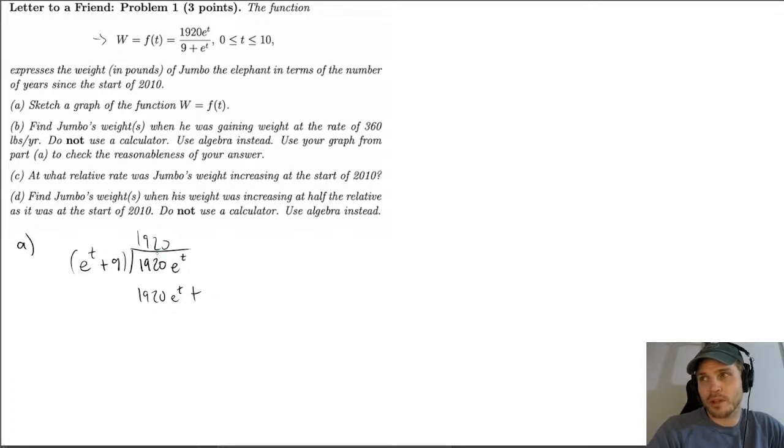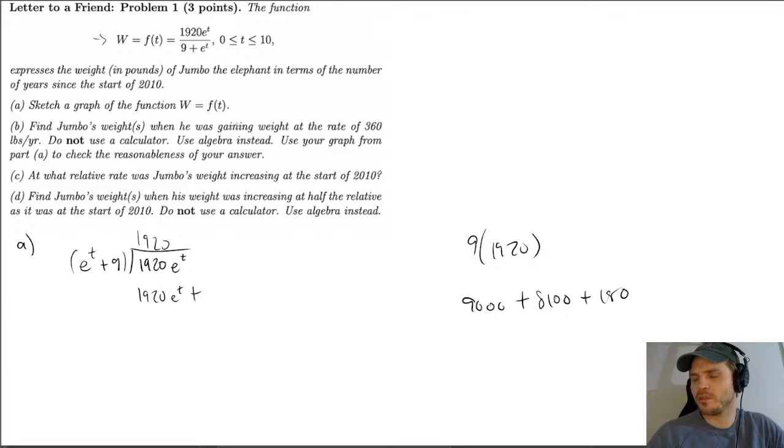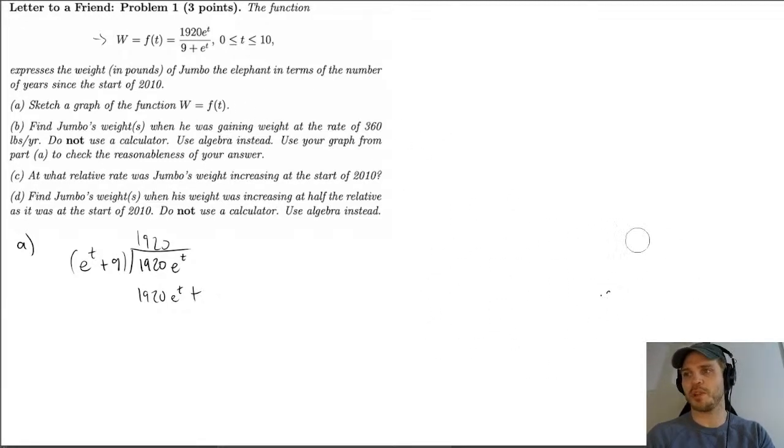Let me just multiply this. So this is 9 times 1920, which is 9,000 plus 8,100 plus 180. So it's 17,280. Okay, so I'm multiplying it back. So it's 17,280.